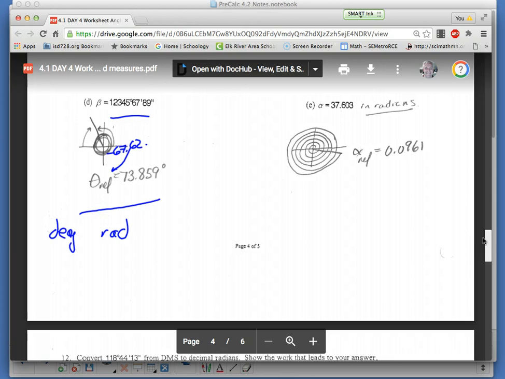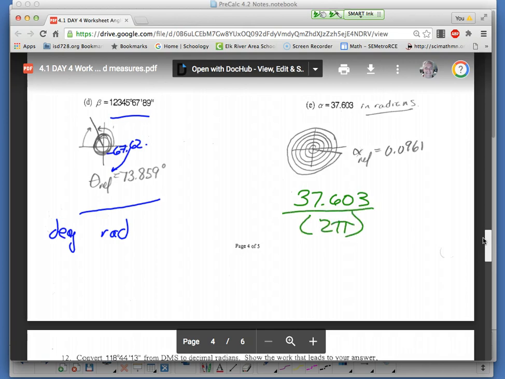Again, I have to be careful about my calculator because I've got a little less than 6 full revolutions going on here, because it's 37. One revolution is 6.28. So I'm going to take 37.603 divided by, in my calculator, this.